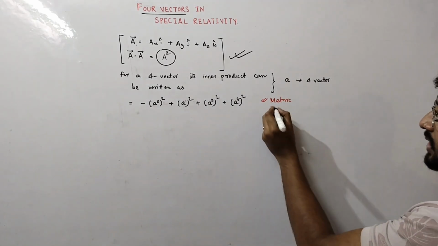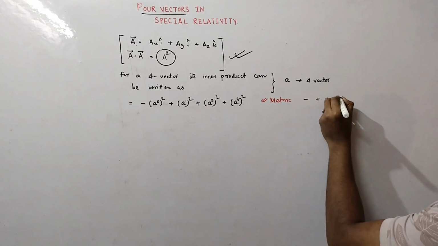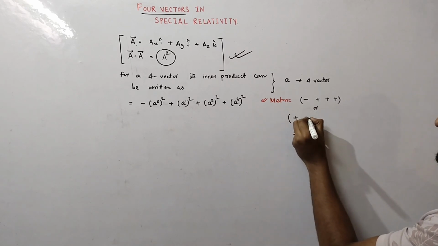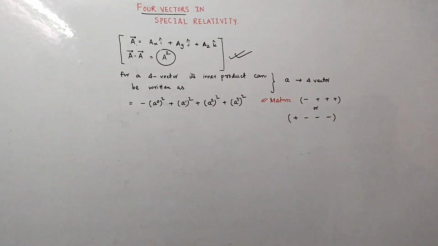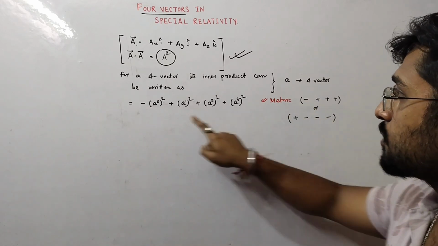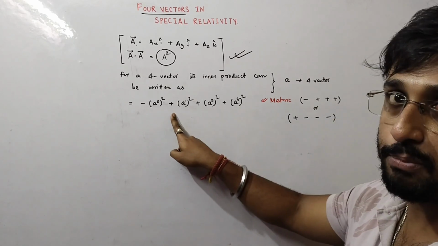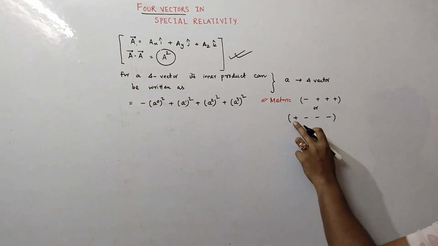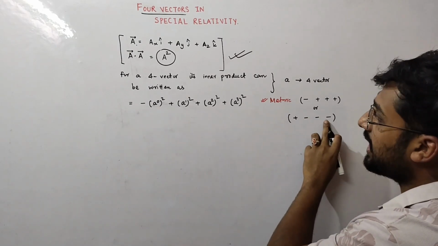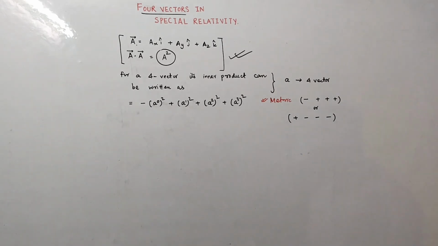You can either take minus, plus, plus, plus, or you can go for plus, minus, minus, minus. In the first convention, the first minus belongs to the temporal component, and the 3 positives belong to the spatial component. In the second convention, the positive sign belongs to the temporal component, and the 3 negatives belong to the spatial component. You cannot use both the conventions at the same time.